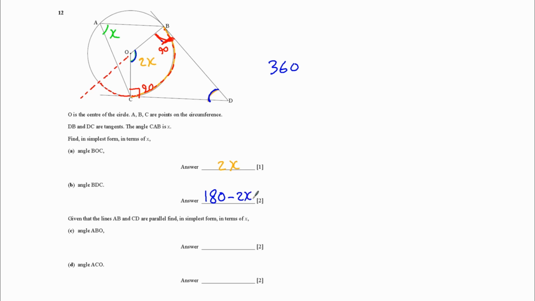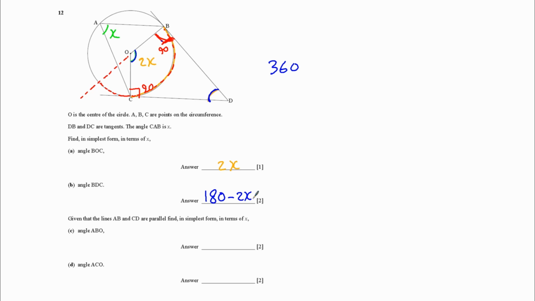Now, the rest of the question, given that the lines AB and CD are parallel, find in simplest form in terms of X angle ABO.